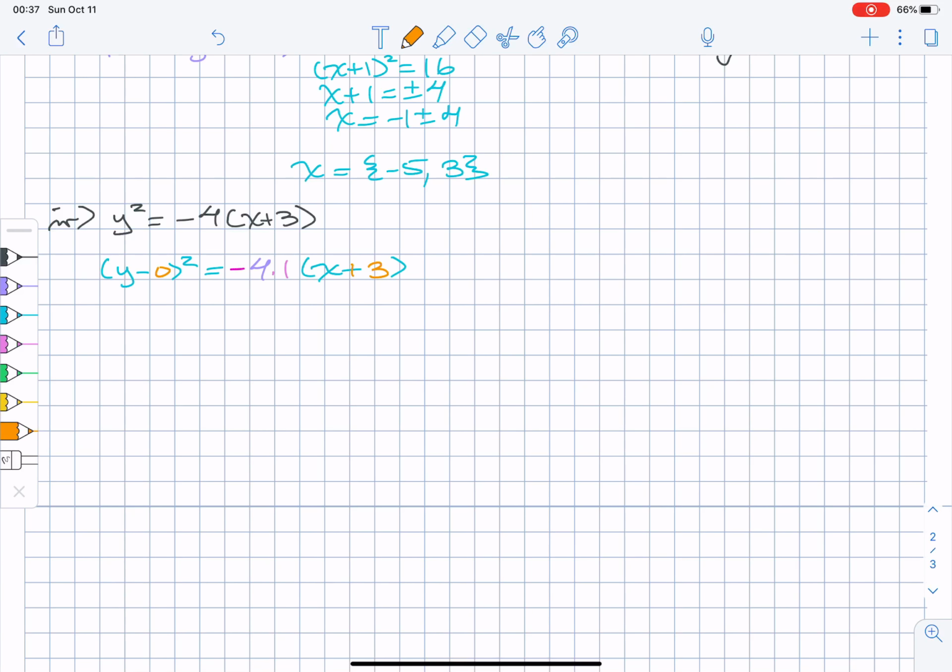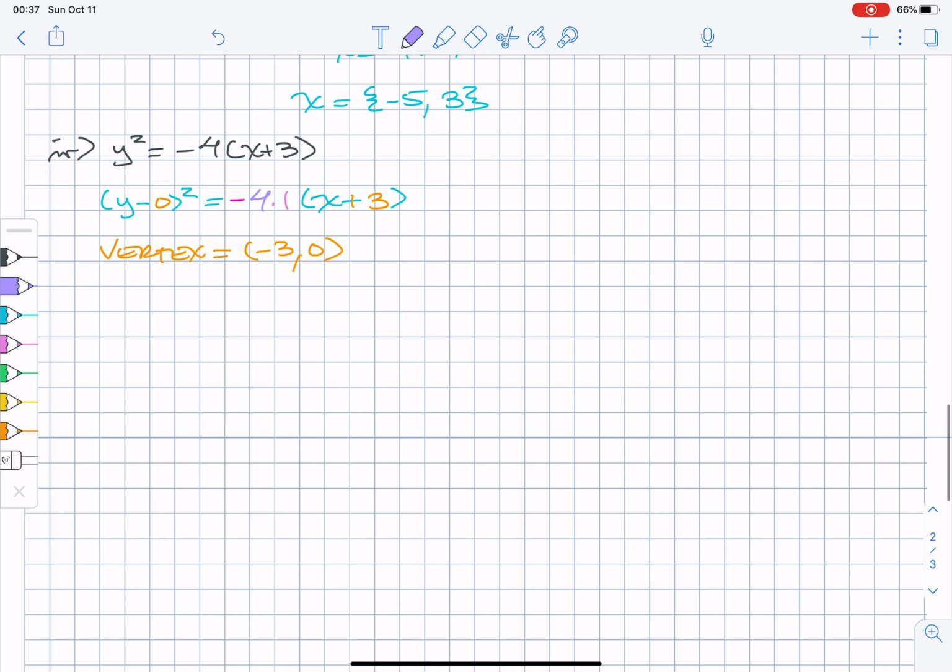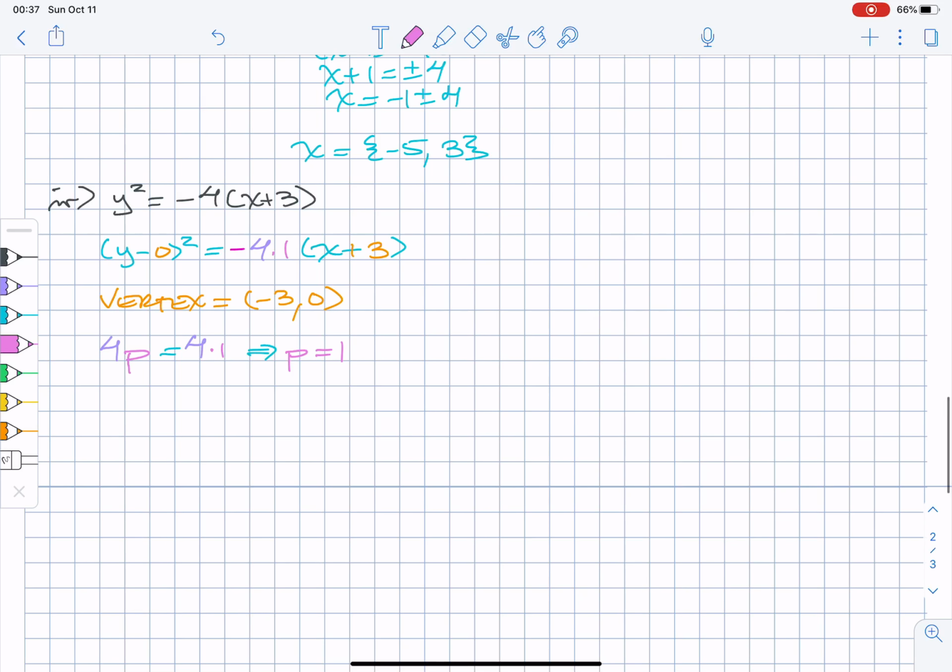So I know my vertex is going to be at negative 3 comma 0, because x comma y. I know that 4p is going to be 4 times 1, so p is 1. That's the distance to the focus and the directrix. I know that this is negative, so since it's y squared, it's going to open to the left.